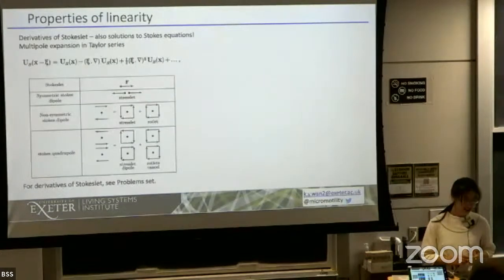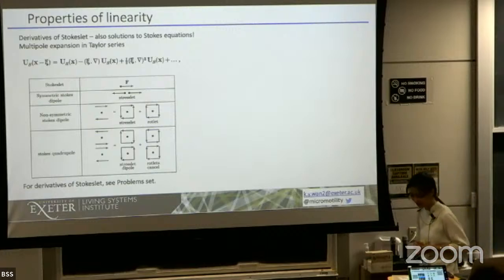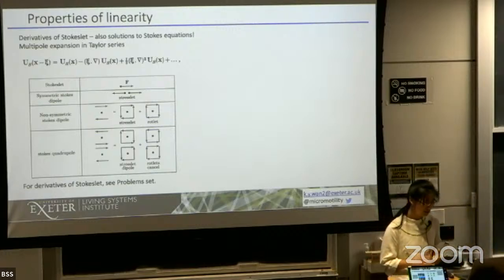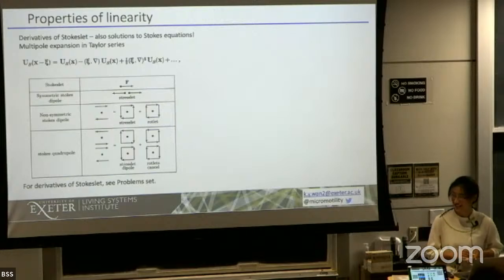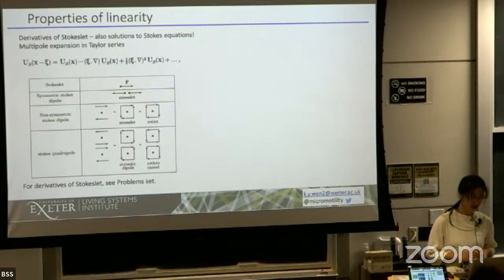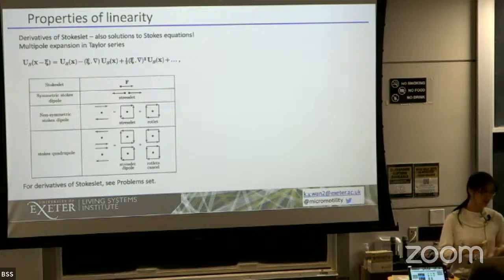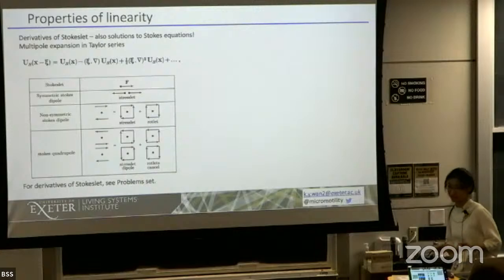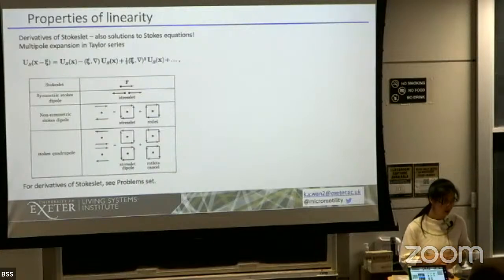And so to understand this a little bit more, this brings us to the notion of multiple expansions. This has also been set as an exercise, so I'm not going to go too much into detail here, but the critical observation is that because of the linearity of the Stokes equations, the derivatives of these solutions are themselves also solutions of the same equations.